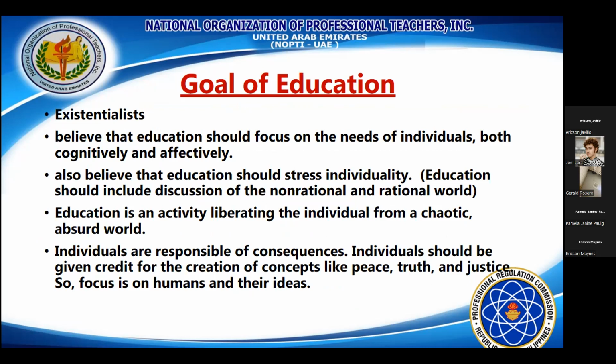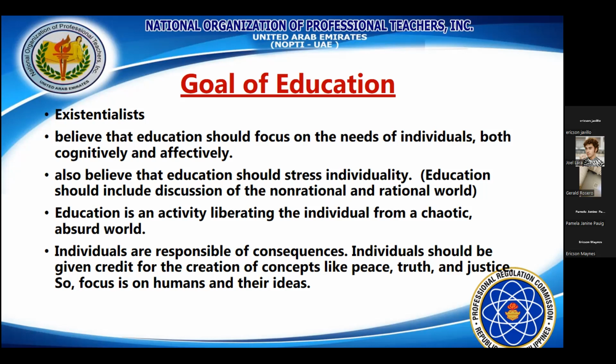Education is an activity liberating the individual from chaotic and absurd world. So sa lahat ng problems sa buhay, ikaw dapat din ang magsusolve. Kasi walang tutulong sa sarili mo kundi ikaw. So yan yung parang main goal ng existentialist.